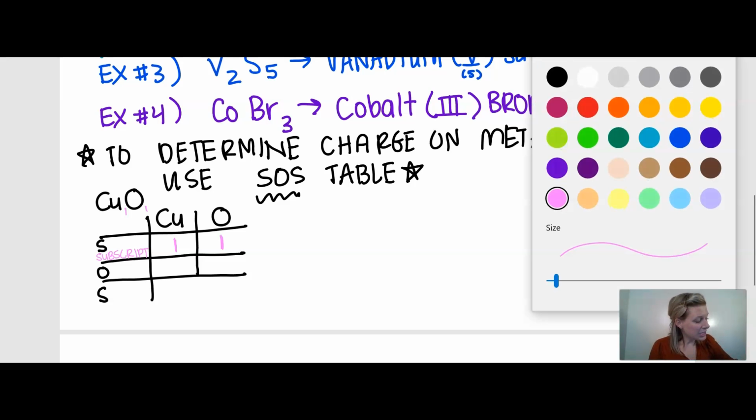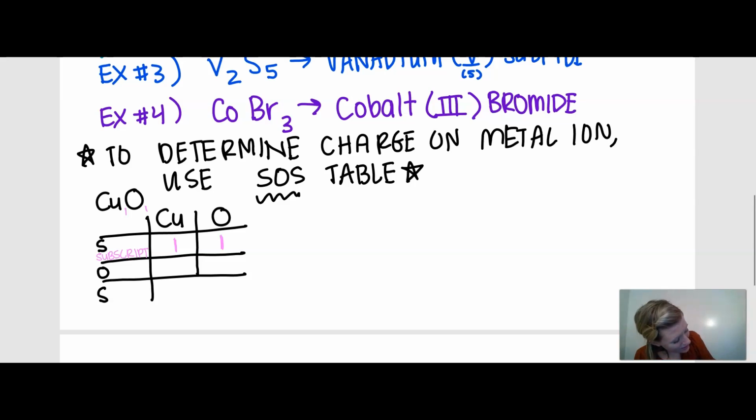The second letter, the O, stands for the oxidation number, okay, which is really the same thing as the charge that the ion forms, okay? So for copper, the problem is, if we look it up on our reference table, it forms two different charges.